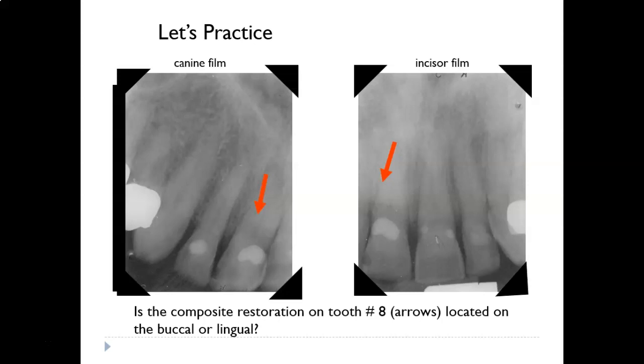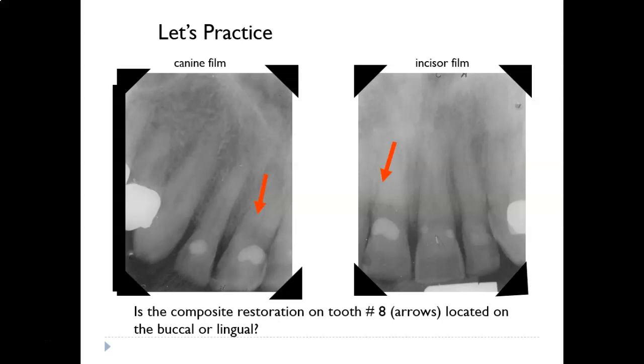But if you're taking a shot and you're looking straight on, and then you move your beam a little bit to get the canine shot, you have angled your BID a little bit more, oh shoot, I was going to say mesial, but is it actually mesial? I think you're aiming your BID a little bit more mesial.